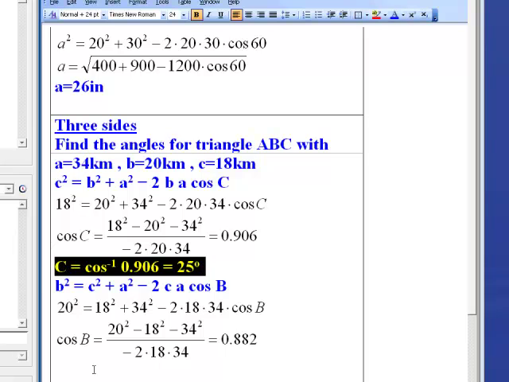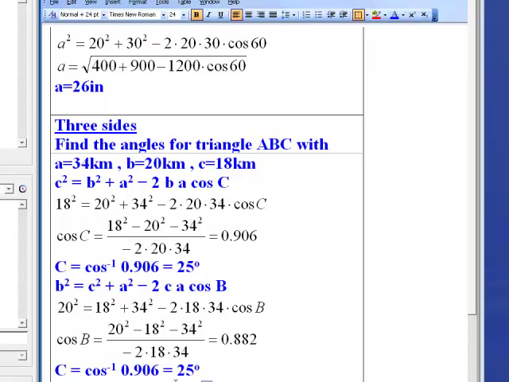And I'm going to determine the inverse cosine of that number. That comes to 28 degrees.